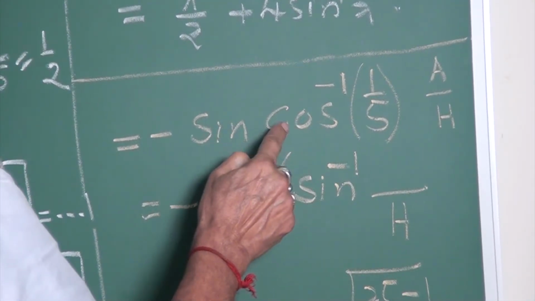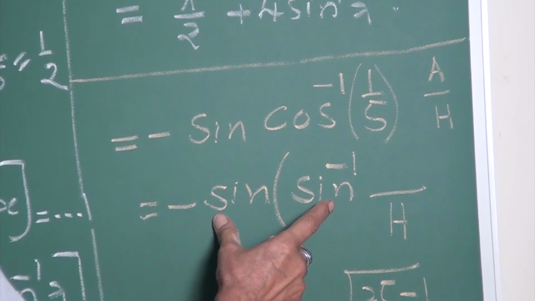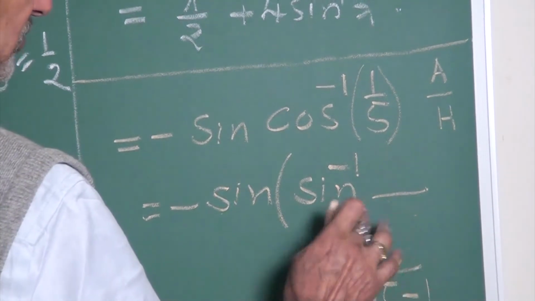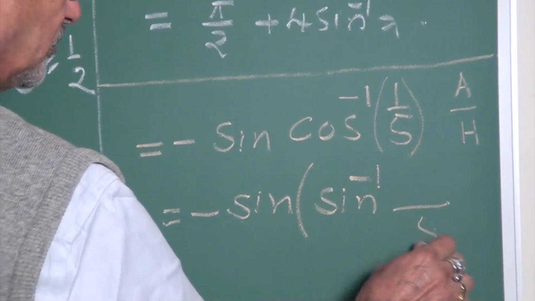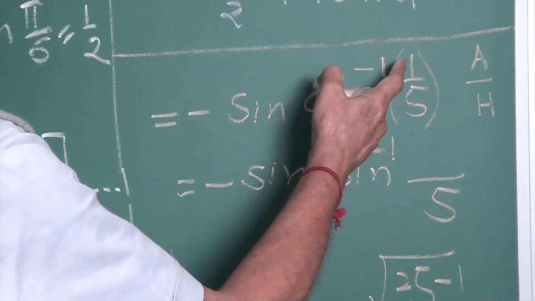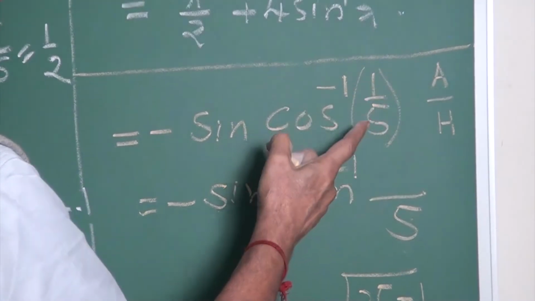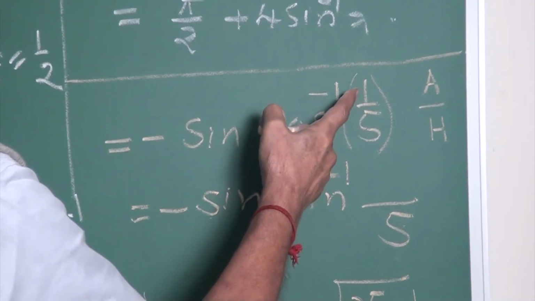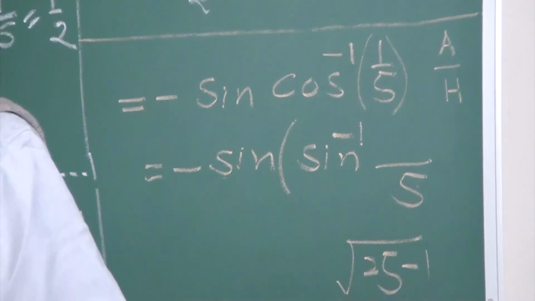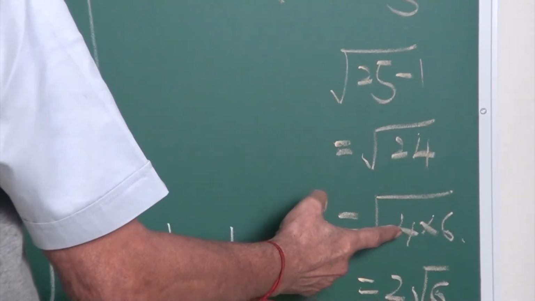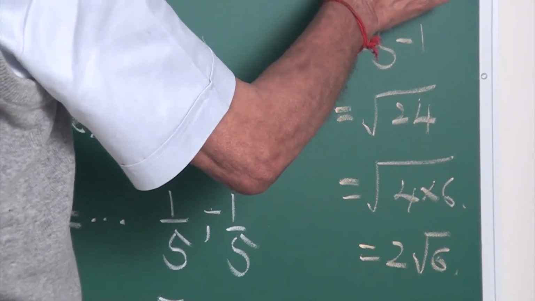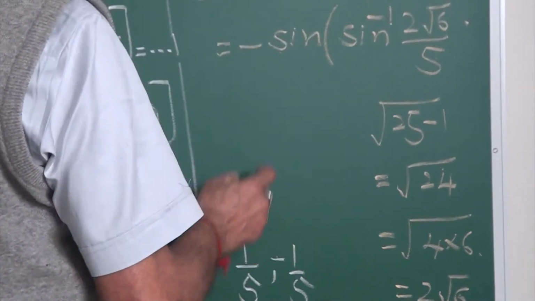We want to convert from cos to sin. Sin of sin inverse is the number itself. Yes, my friend. What is this? Hypotenuse is 5. The numerator is the adjacent side: square root of square minus square. Square is 25. 25 minus 1 is 24. Square root of 24, 4 into 6, is 2 root 6. This is 2 root 6, my friends.